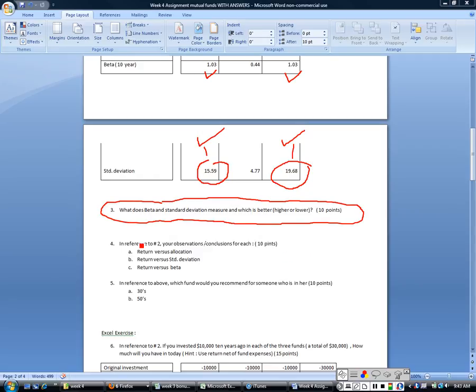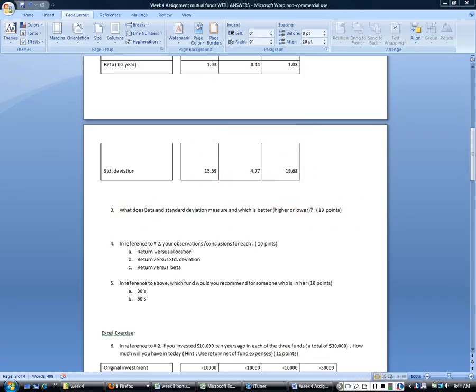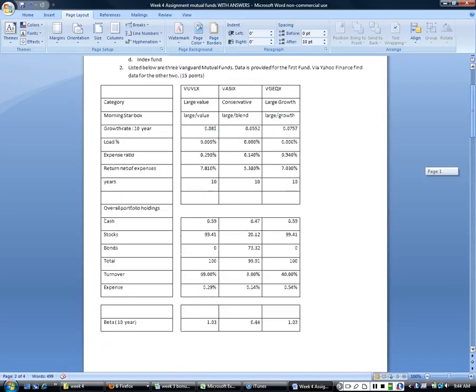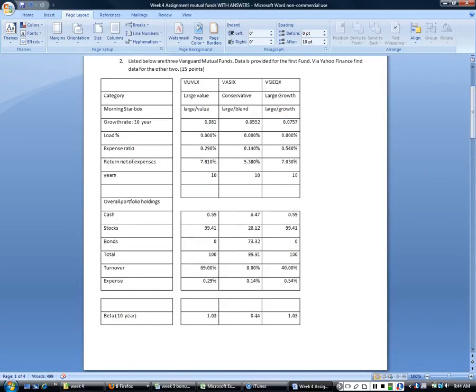Now, in reference to number 2, the standard deviation, return versus allocation, I touched on it, but let me just quickly go through it one more time. So you can see that the fund in the middle is slightly different.